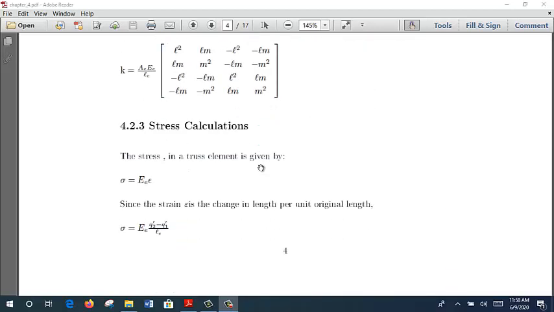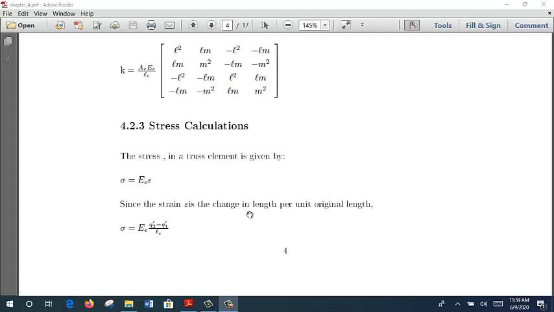So now you go to your stress calculation. It's similar to the previous lesson. If you want to find the stress, it is equal to E times strain. Do you still remember your E, Young modulus, is equal to stress over strain? So you move the strain up, and you will get the stress equal to E, Young modulus, times strain.